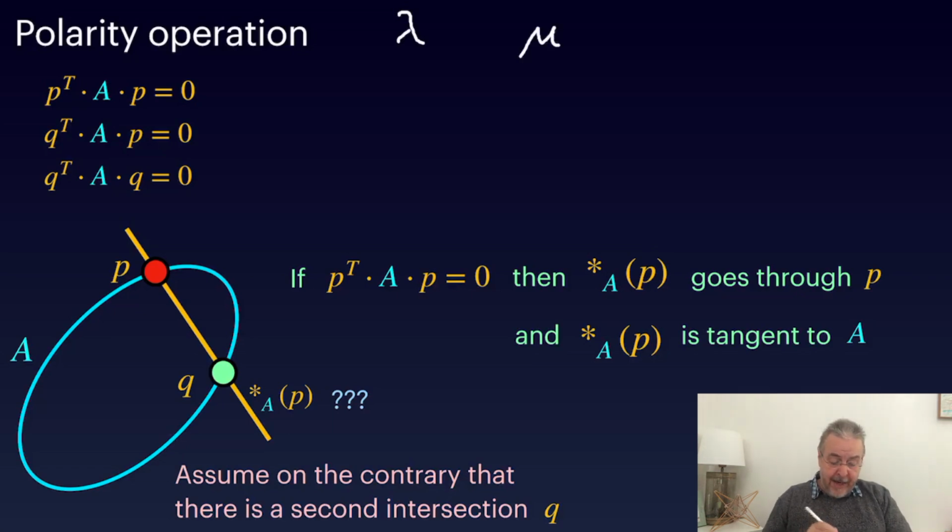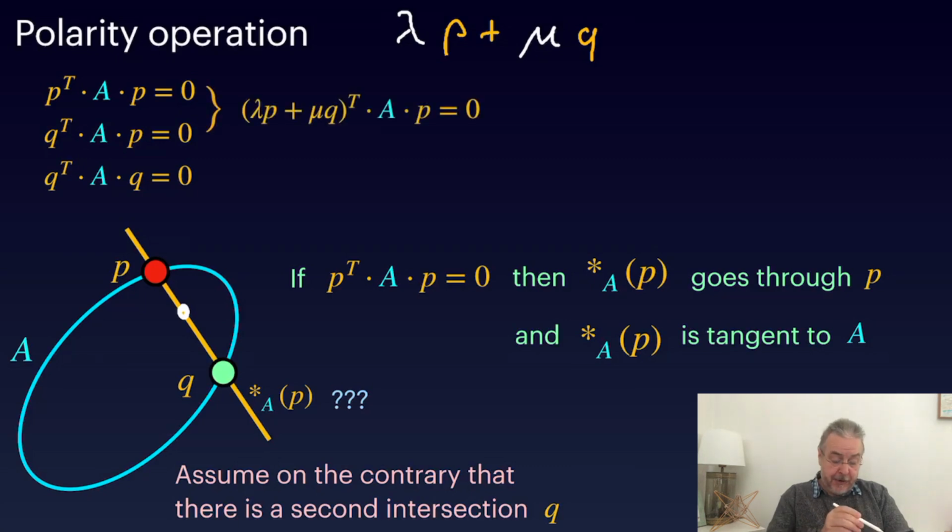Later on we will consider the linear combination lambda P plus mu times Q, which is just some generic point on this line. We will prove that this point also has to be on the conic. To do so, we first combine our first two equations. You see they are similar in this second part, and they are linear, so we can form a linear combination of those 2 points and put them here and still obtain a 0.